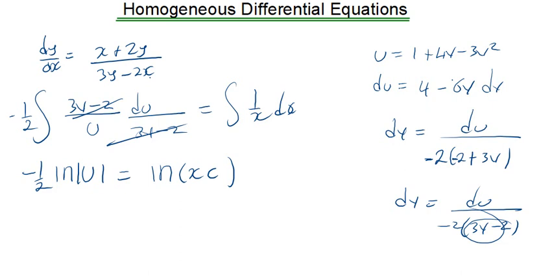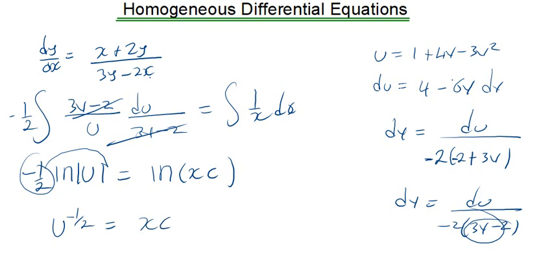So in this case we know how we deal with logs. I can bring the power here. We have ln and we have ln there, we can get rid of those. That's going to appear as u to the power negative 1 over 2 is equal to xc.